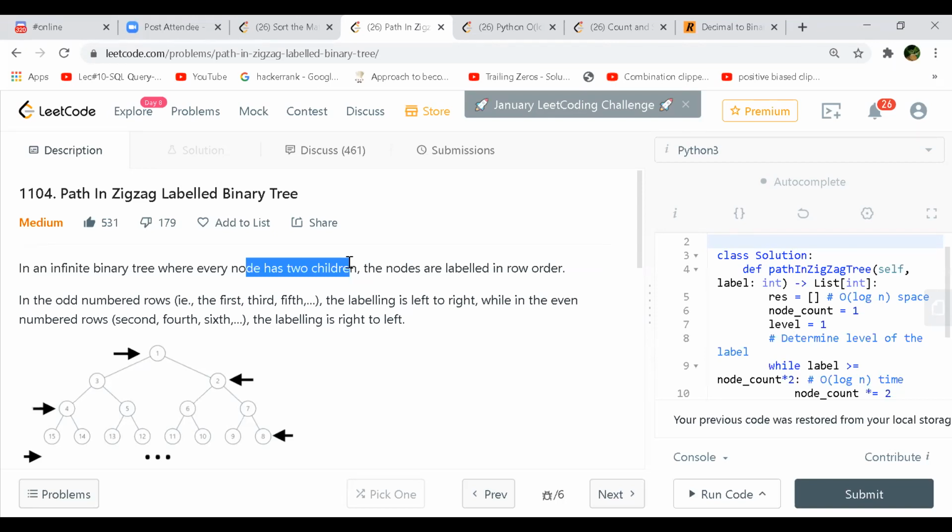So for the 7th node, we pick the 4th node at the previous level. Similarly, 4 divided by 2 is 2, then we see what is the second node at the previous level, so that will be 3.